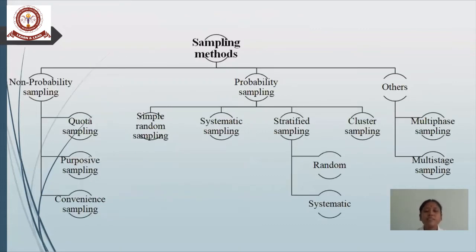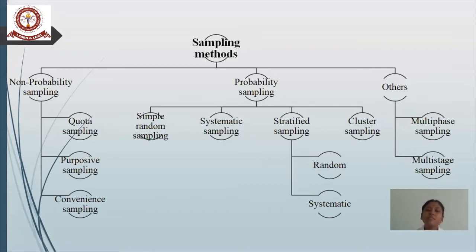So next, coming to the sampling methods. Sampling methods are mainly divided into non-probability sampling and probability sampling, and also include other sampling methods like multi-phase sampling and multi-stage sampling. First, the non-probability type of sampling mainly includes three types: quota sampling, purposive sampling and convenience sampling. The next is probability sampling, that means random selection.